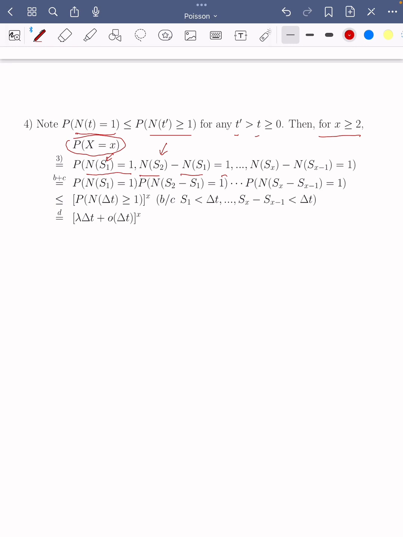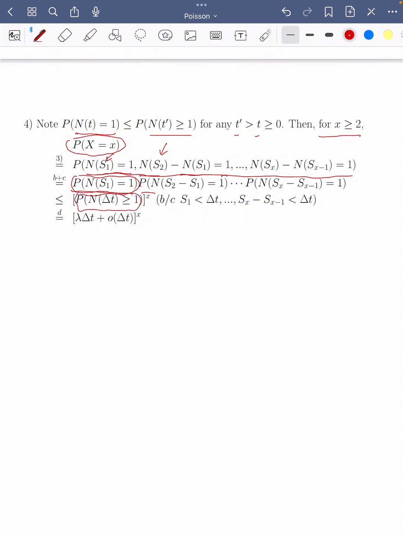And because we have the independent increment, this event is just equal to the product of the probability that N of S1 equals 1, and the probability that N of S2 minus N of S1 equals 1, and so on. Each of these probabilities is less than the chance that N of delta t is larger than or equal to 1.